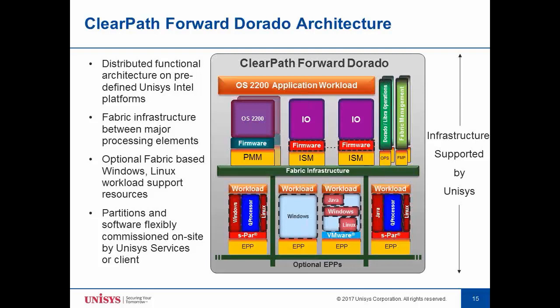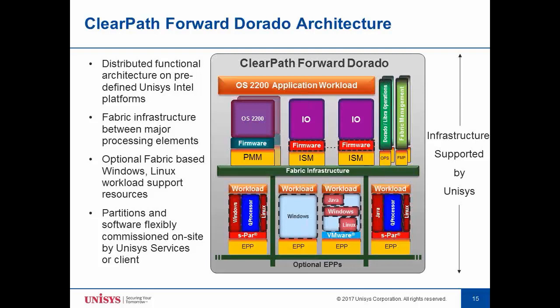or provided by Unisys. In addition, we have our own partitioning software, which is available for the fabric infrastructure, so that you can run up to 30 logical processes within a single EPP, which is the Unisys platform, the Intel-based platform for running these expanded workloads.